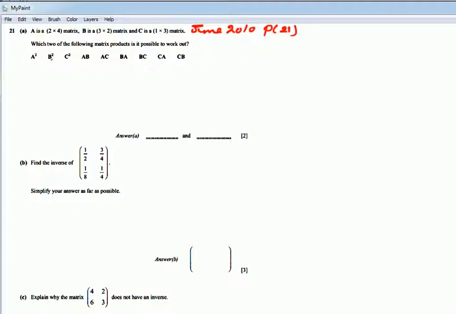A squared. A squared means A times A. That means 2 by 4 times 2 by 4. In order to find the result of this operation, in order to multiply these two matrices, you have to look at this number and this number.